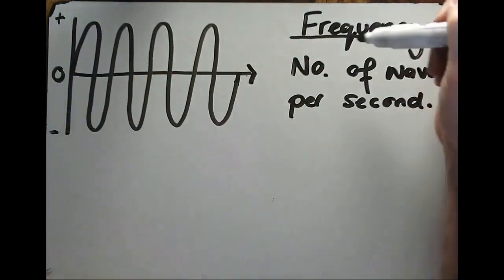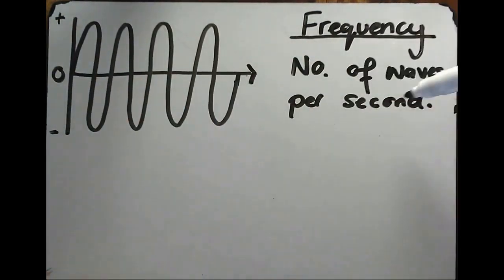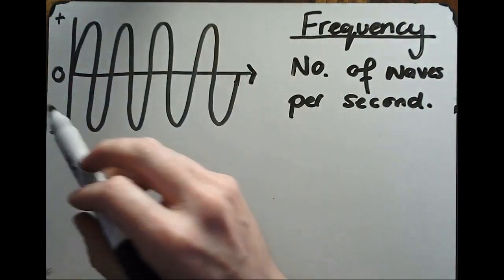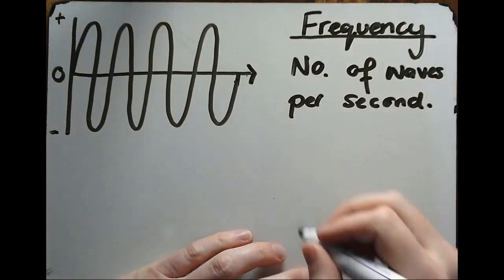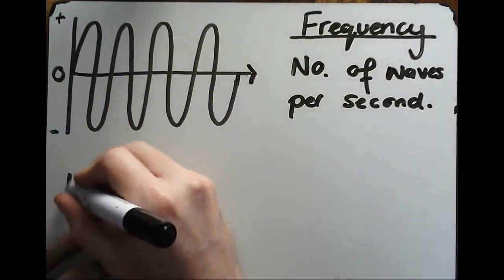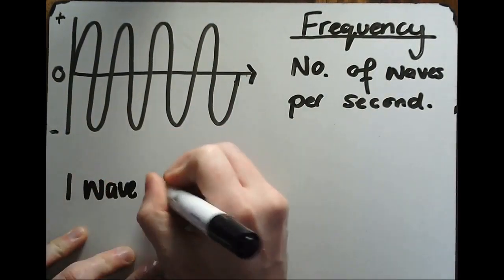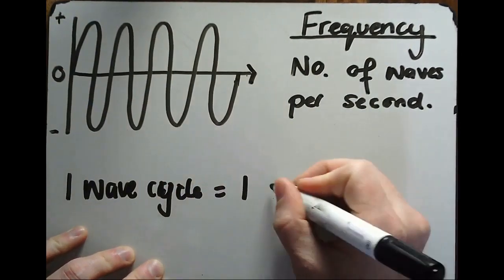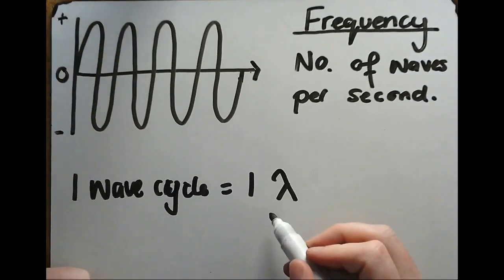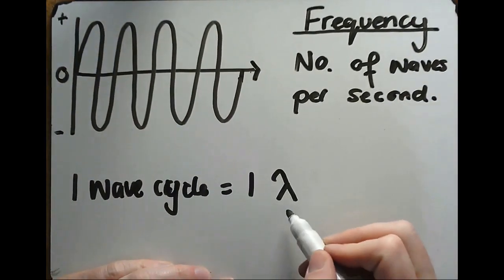In order to figure out how many waves there are per second, we have to take our wave diagram and identify one wave cycle. One wave cycle equals one wavelength, and remember that the symbol lambda represents wavelength.